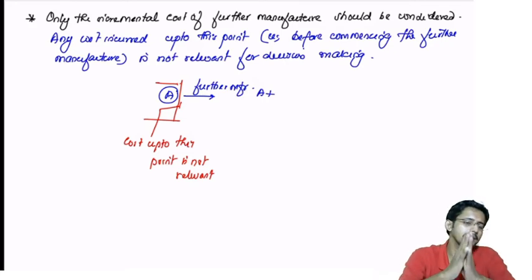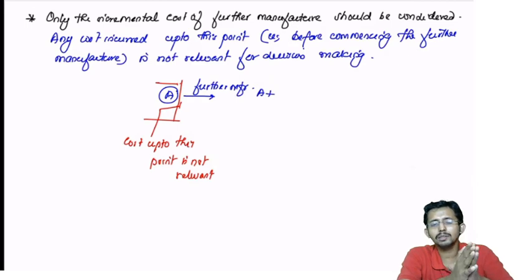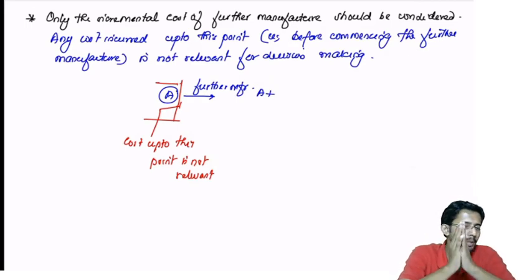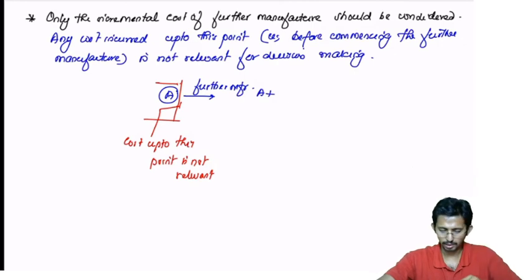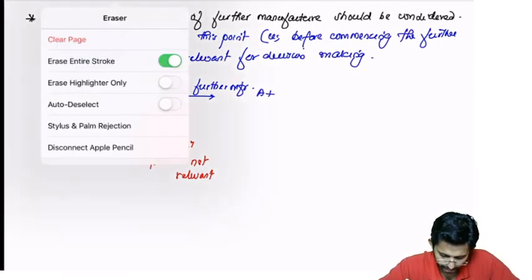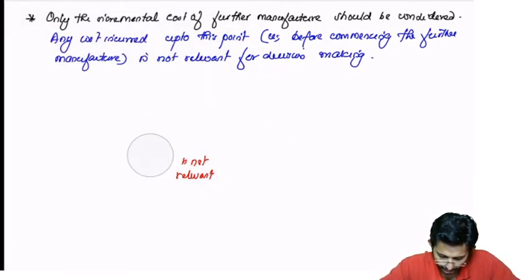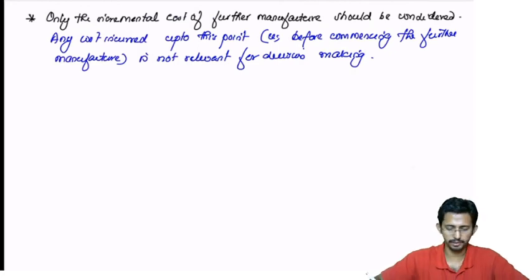So when you take such a decision for further process, only the costs that you are proposing to incur from the point of commencement of the further manufacture will be a relevant cost. Any other cost you will have to even otherwise incur. Okay, so not relevant. Now this will be even more relevant in case of joint products.